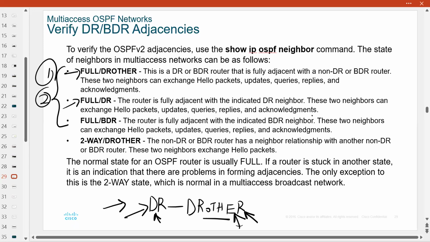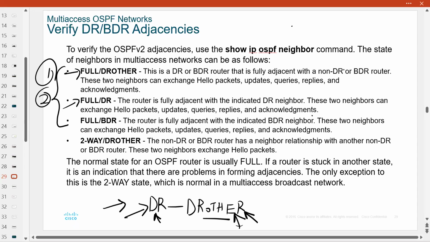And with the other one, full BDR, let me see. Right, with full BDR, this is a router which is fully adjacent with an indicated BDR neighbor.